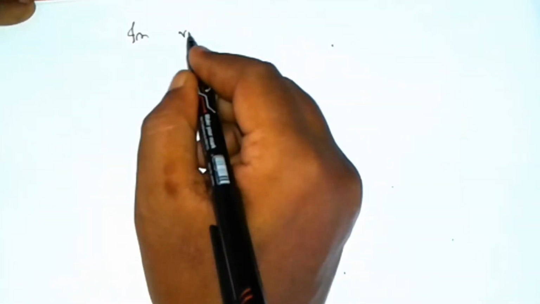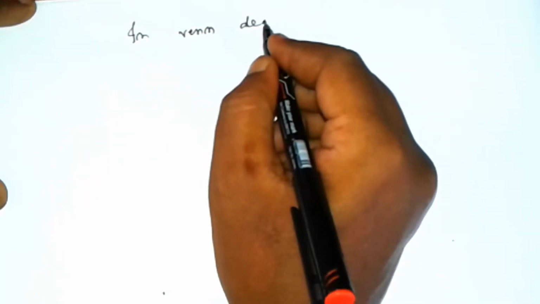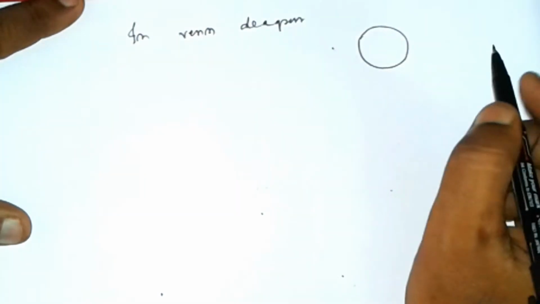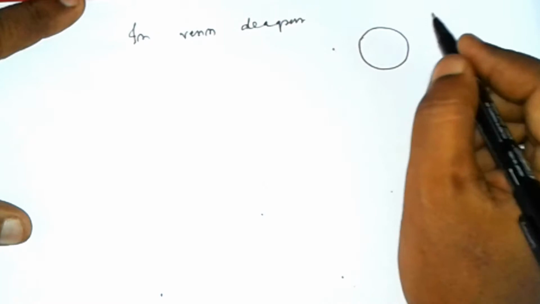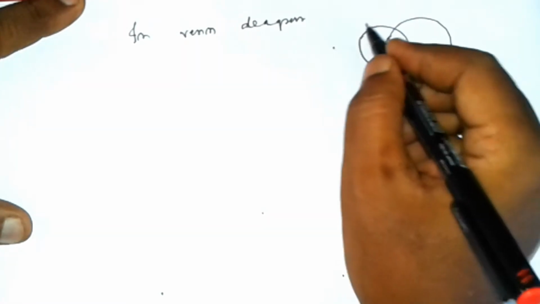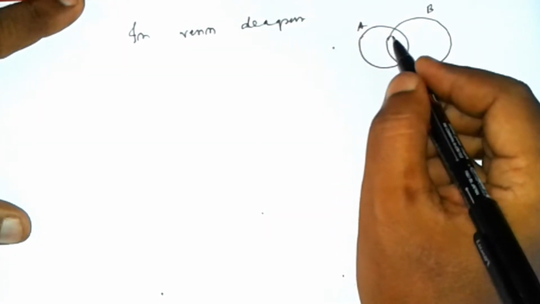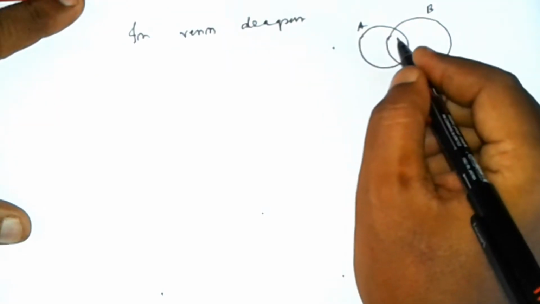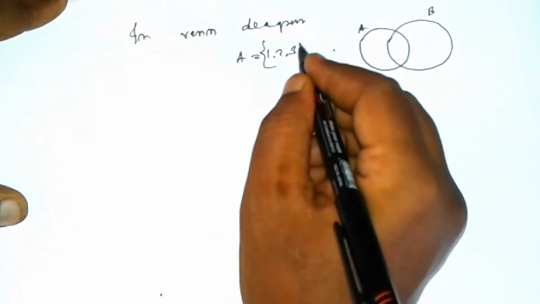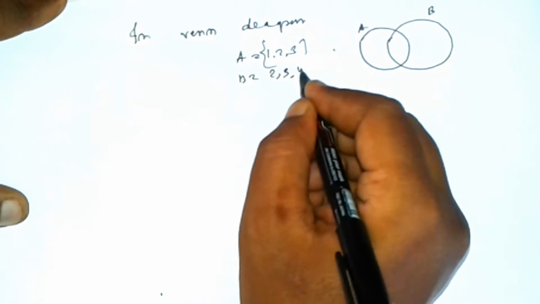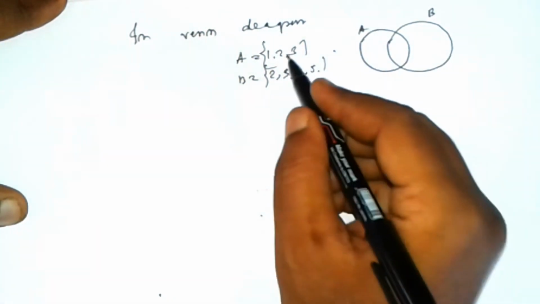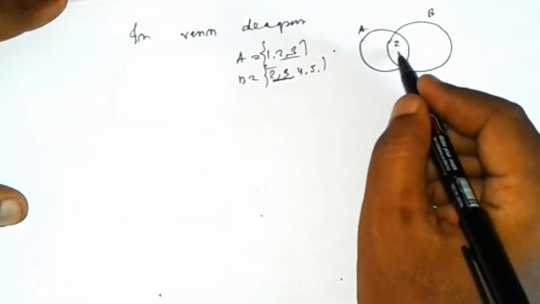In Venn diagram, let A, this is the A. Elements of A are 1, 2, 3, and elements of B are 2, 3, 4, 5. Common elements there. This is common element.